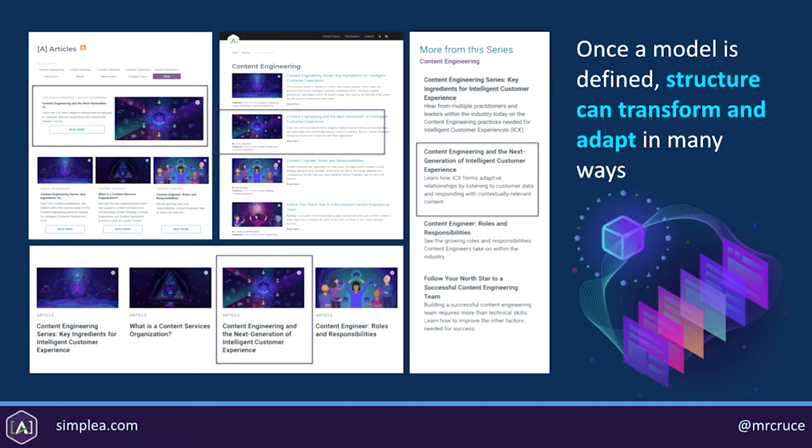So this is the same article on simpleA.com, content engineering and the next generation of intelligent customer experience, and different forms of that article. It is being seen in a featured promotional header. It's being seen in a catalog. It's being seen in a promo widget.